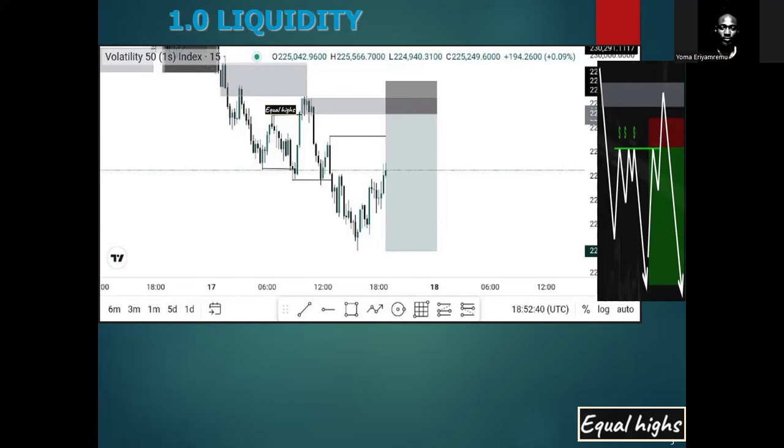In the second place too, you see here that the market tries to make another equal high, one here, and we are seeing that there could be a possibility for another equal high coming up here to make it a point of reference for retail traders who are going to be trusting that the market will be coming down.